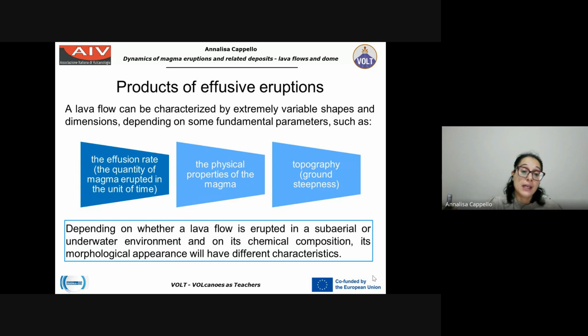Depending on whether a lava flow is erupted in a subaerial or underwater environment and on its chemical composition, it can obviously have a different aspect, a different morphology, different external characteristics.